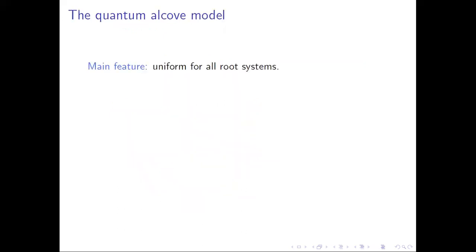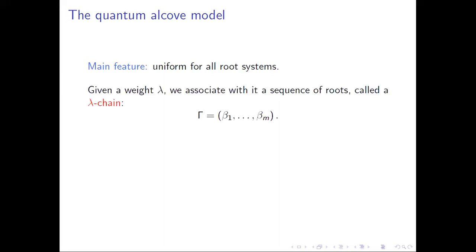So then I can describe the quantum alcove model. Its main feature is that it's a uniform model for all root systems. It's built in the setup of a finite root system, but then it applies to Macdonald polynomials, which are in the setup of affine root systems. So we start with a weight lambda because these characters or Macdonald polynomials are indexed by lambda.